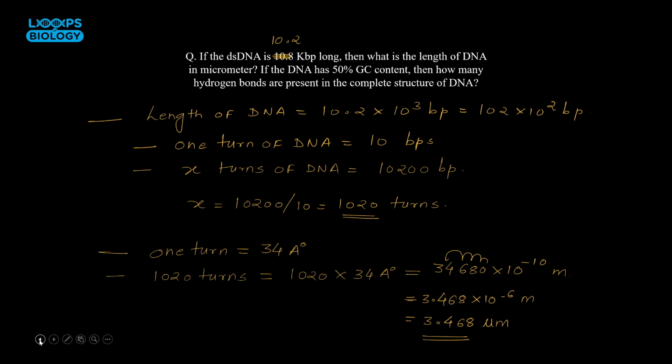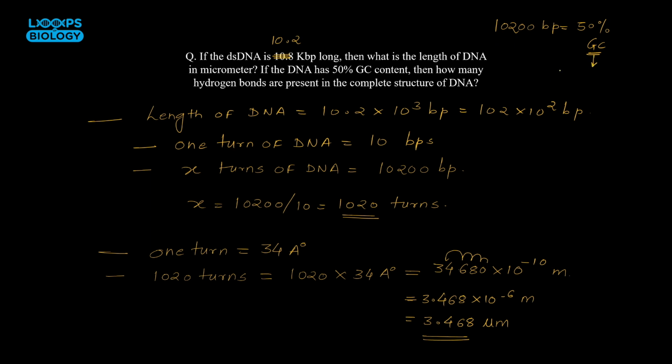Now the next part of the question: if the DNA has 50% GC content, that means out of your 10200 base pairs, 50% are GC. Can you calculate this 50%? 50% is dividing by 2.